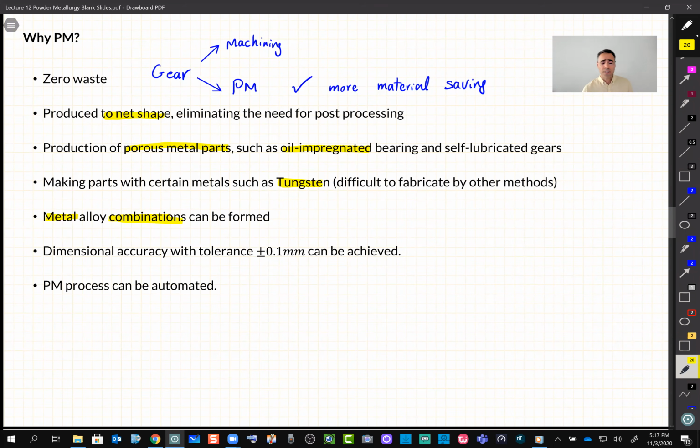And again, it was a crazy example, but it's not unpopular because sometimes there are parts for a specific application, even for implants, where you want high strength using, let's say, titanium, but you also need good electrical conductivity or good heat transfer, for which you may use copper or gold.